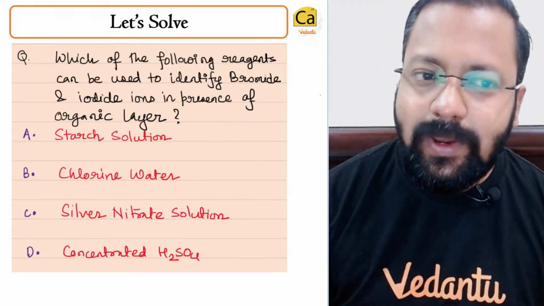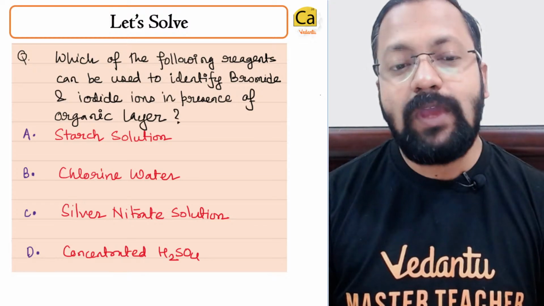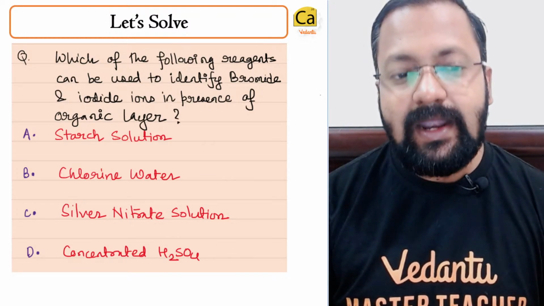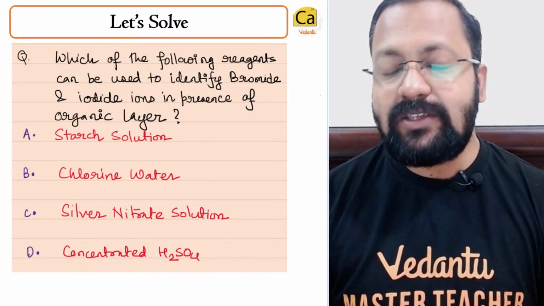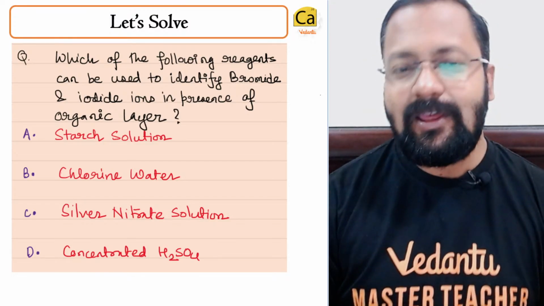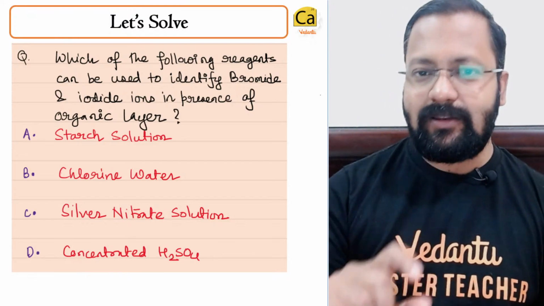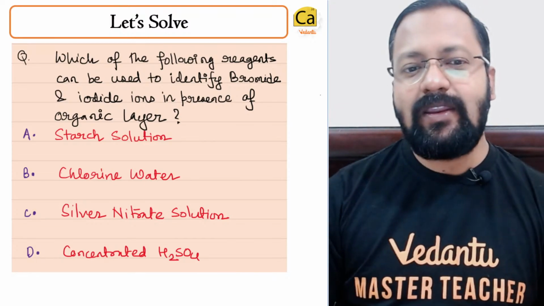Which of the following reagents can be used to identify bromide and iodide in the presence of an organic layer?